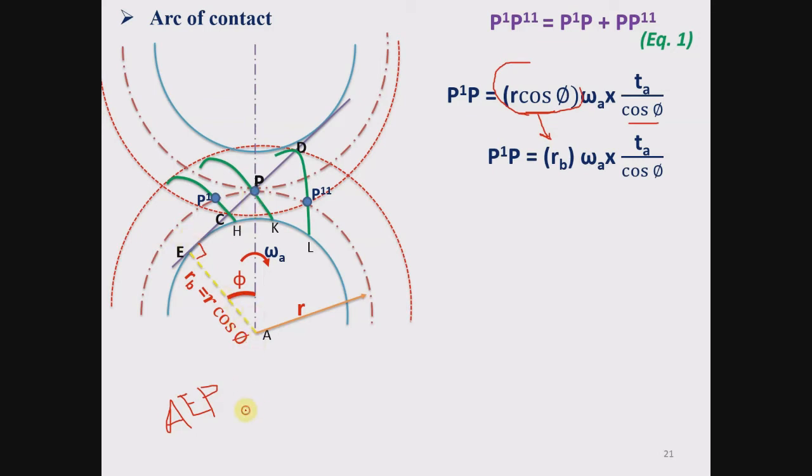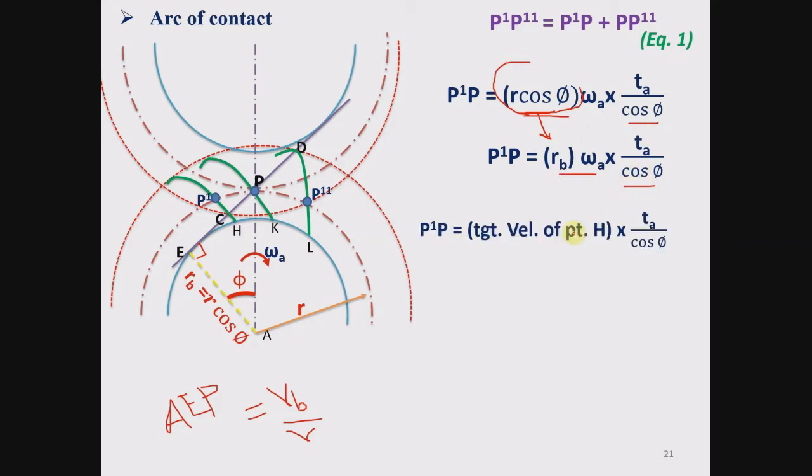So cos of phi is equal to the base circle radius RB, that is distance AE, divided by the hypotenuse, which is opposite to the 90 degree angle. This is distance AP, which is equal to the pitch circle radius R. So we get RB equals R cos of phi. So we have substituted RB for R cos of phi. So RB into omega A into TA upon cos of phi.